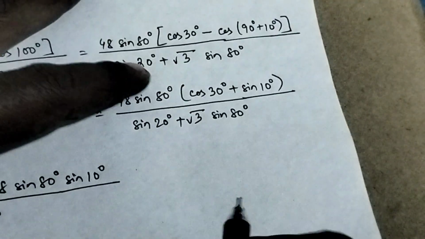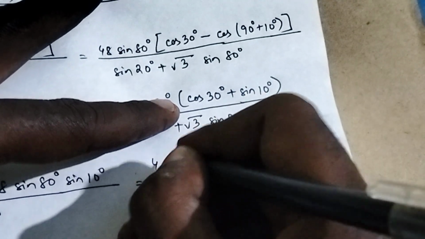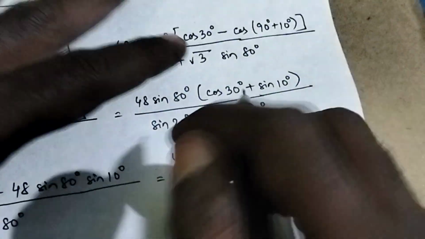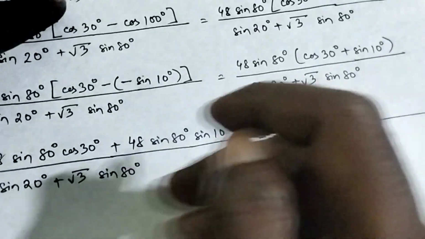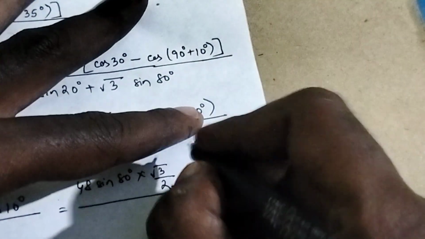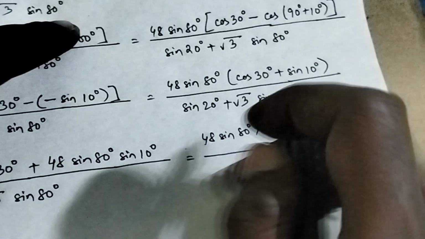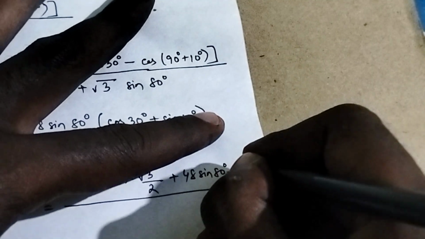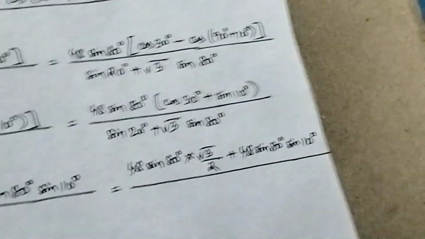So it will be 48 sin 80° into the value of cos 30°, which is root 3 by 2, plus 48 sin 80° sin 10°.